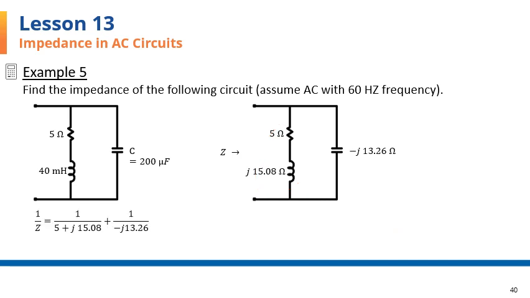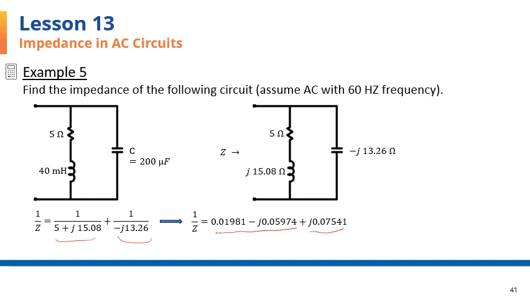Using the numerical values for these, for this branch, I have 5 plus J 15.08, so 1 over that, plus 1 over the ohmic value of the impedance for the capacitor, add up to 1 over Z. I have just calculated the inverse of this one, which is this complex number, and the inverse of this one, which is this purely imaginary number.